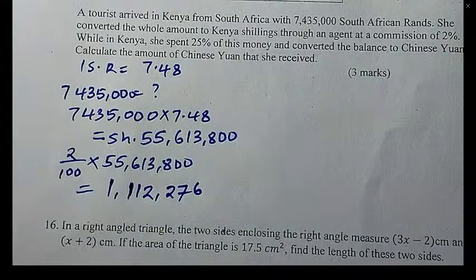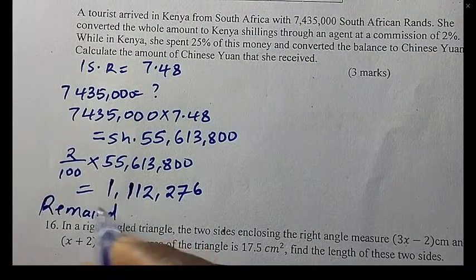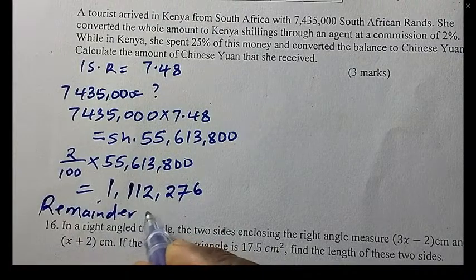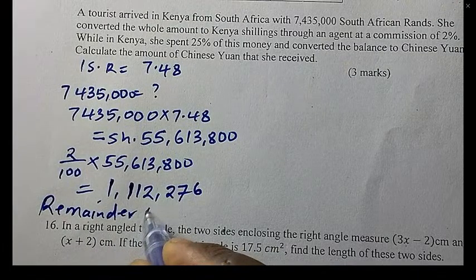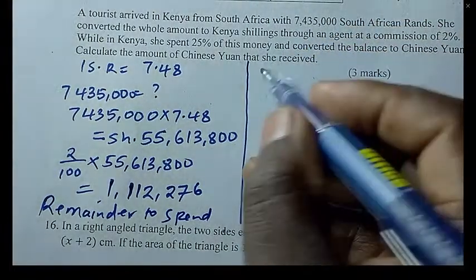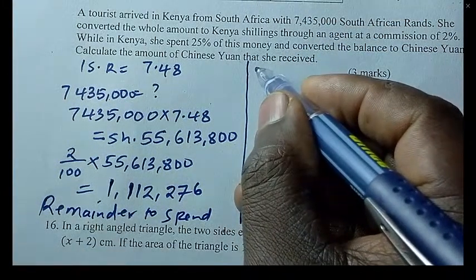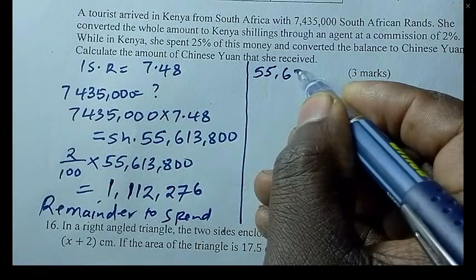So now we can see what remained. Remainder for expenditure to spend. That is now 55,613,800.